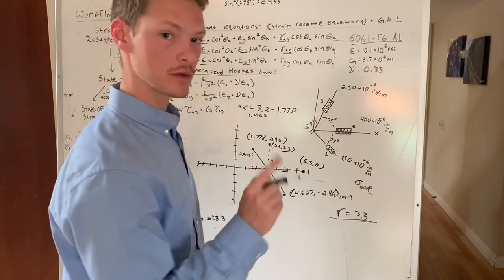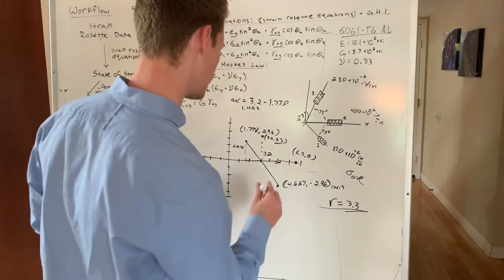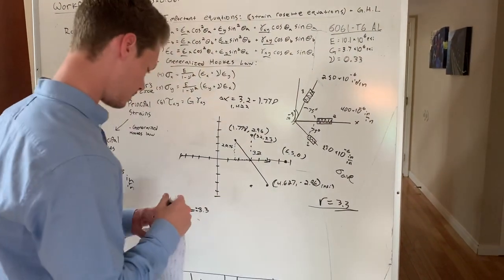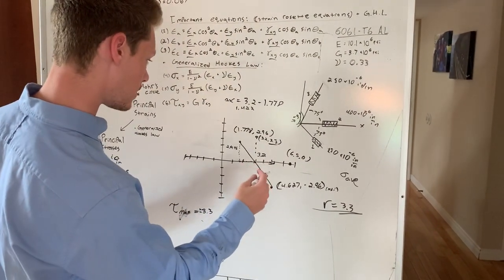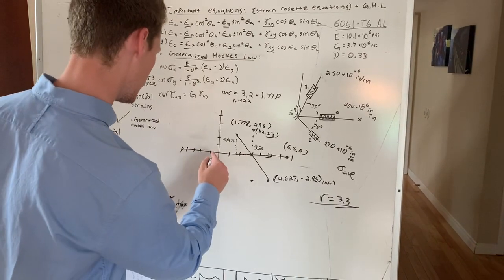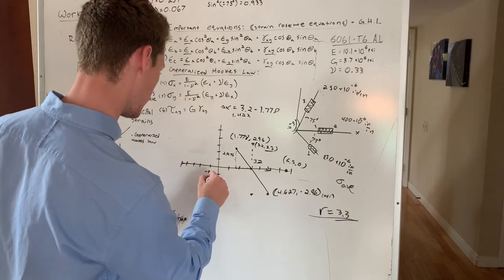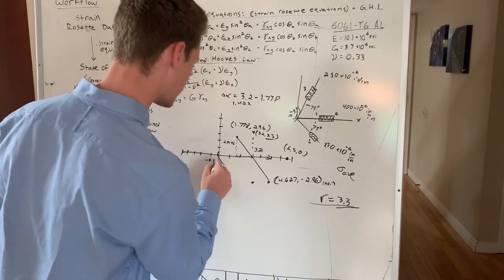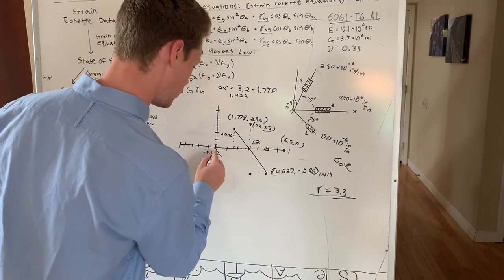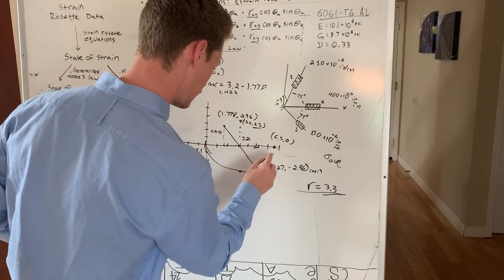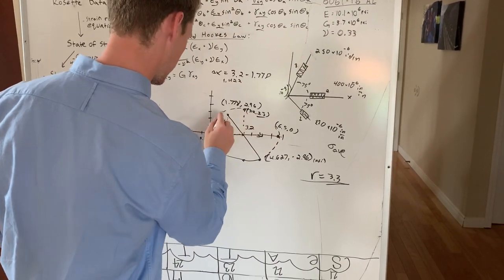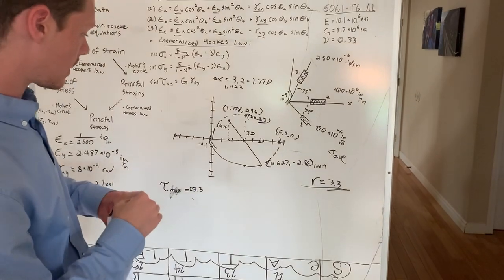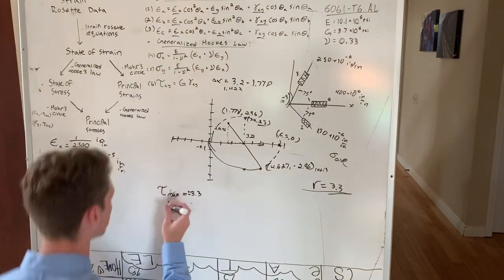This will be stress number 1, also known as our maximum stress. And 3.2 minus 3.3 will be negative 0.1, which is right here. Now we can just draw a nice little circle. And here we go.